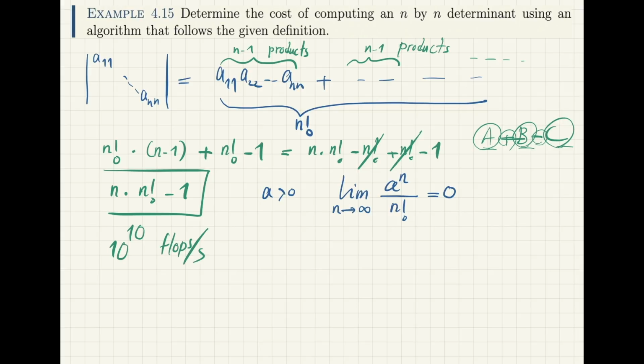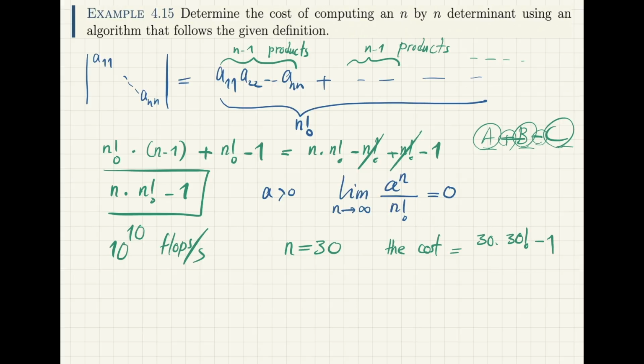Assume that you want to calculate a 30 by 30 determinant. So n is 30. The cost for this calculation is equal to 30 times 30 factorial minus 1.